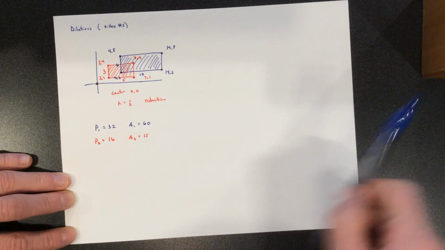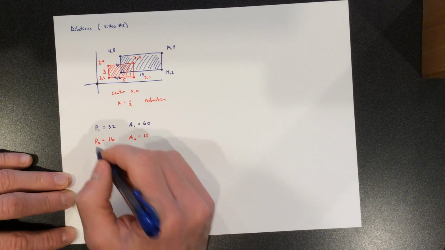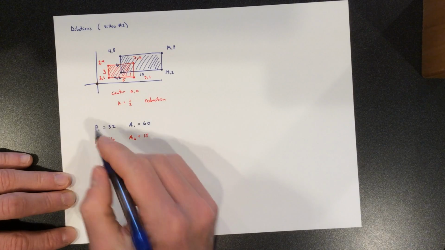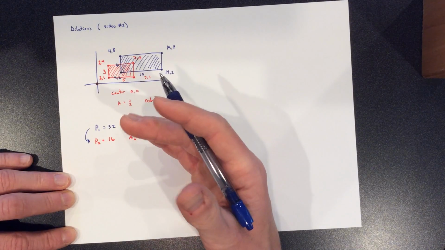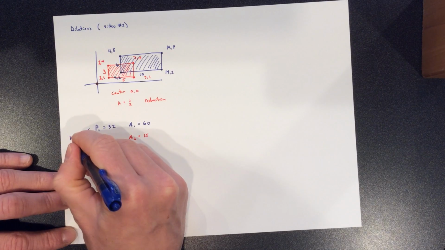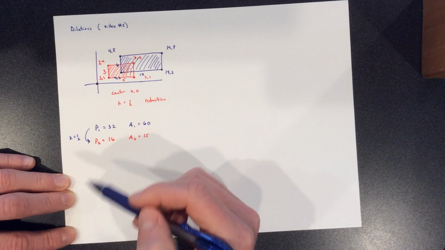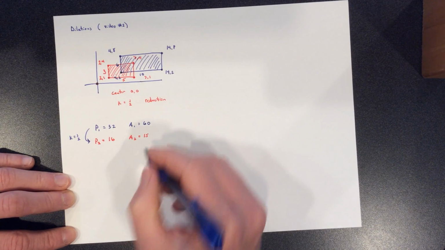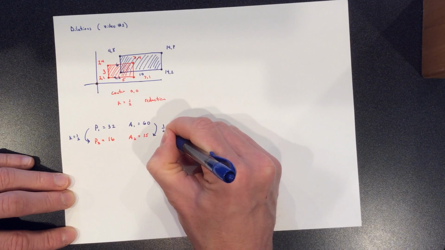And look what happened. If the scale factor K is 1/2, the perimeter ratio is also 1/2. The perimeter gets half as big if all the side lengths get half as big. However, the area dropped by 1/4.